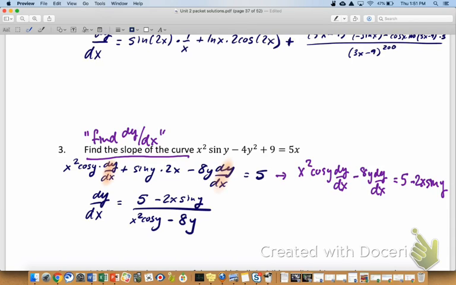It's algebra, right? I'm taking that whole middle term, I'm subtracting it over. And then I still need to get the dy dx isolated, so the next step would be to factor it out. So I'm going to factor out the dy dx from both of those terms on the left, leaving me with x squared cosine y minus 8y, still equal to the same right side. And then to get from that step to my final step is division. Just dividing both sides by x squared cosine y minus 8y.